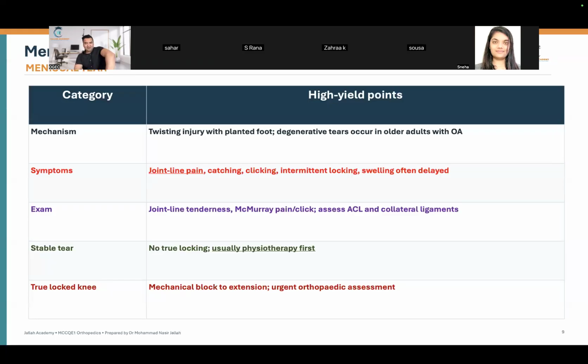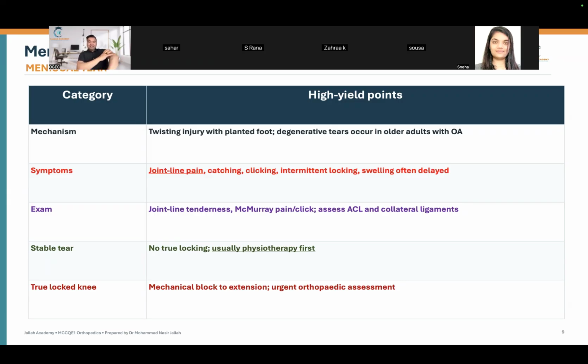Let's say this is the tibia and fibula, okay? Your foot is stationary and planted, but the thigh from above gets twisted, so it is twisting the joint. When it twists the joint, the meniscus, which is like a cross like this, gets torn or damaged. I hope it makes sense.